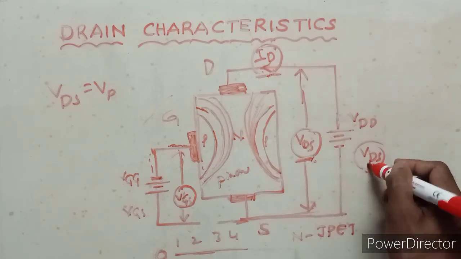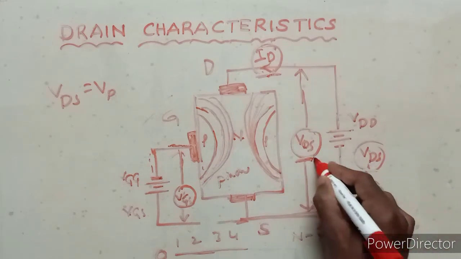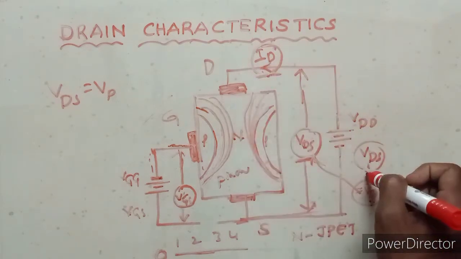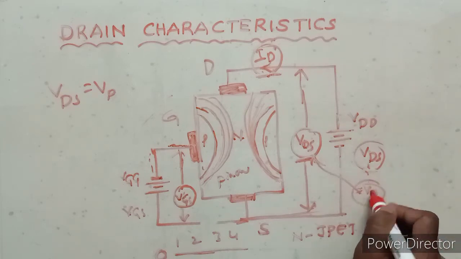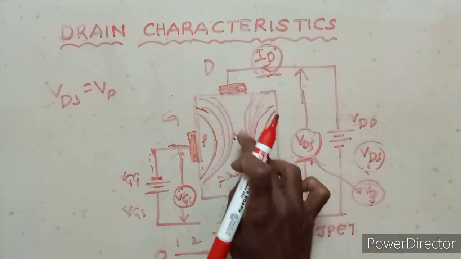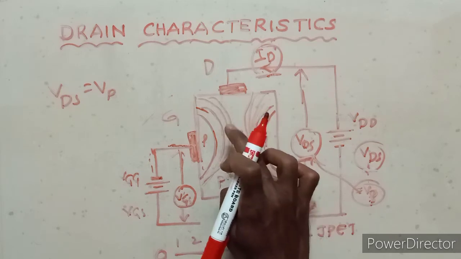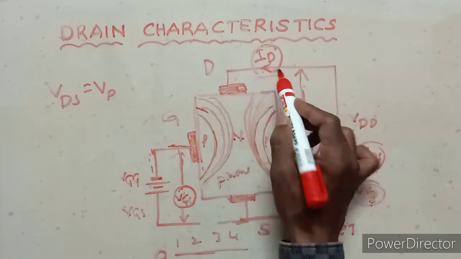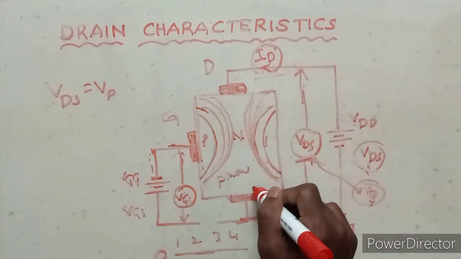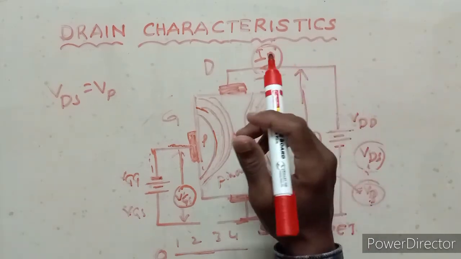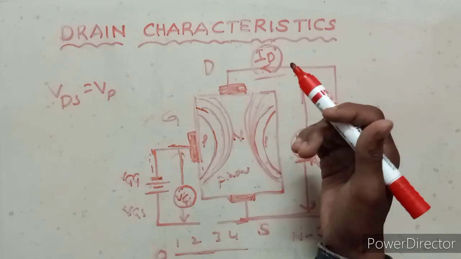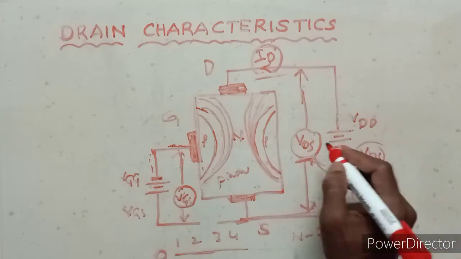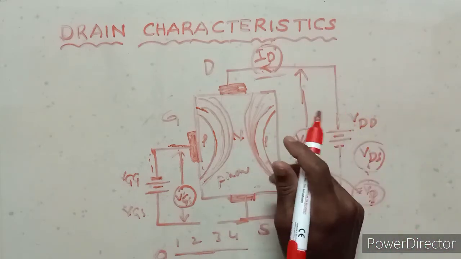When VDS is increased beyond VP, the length of the pinch off increases; this is the saturation region, and there is no further increase of ID. In the saturation region, the power is not increased. At a certain voltage corresponding to a point, the current suddenly increases, and that is the breakdown voltage.